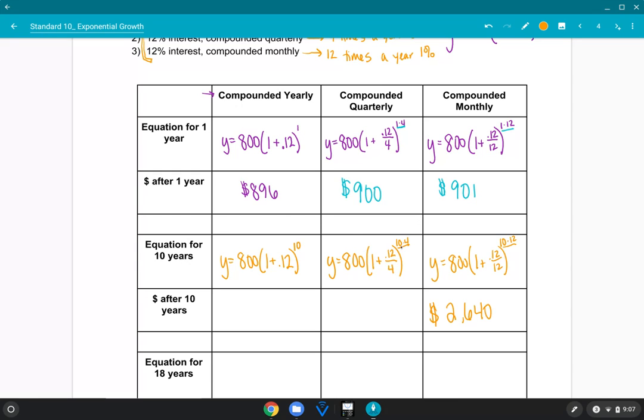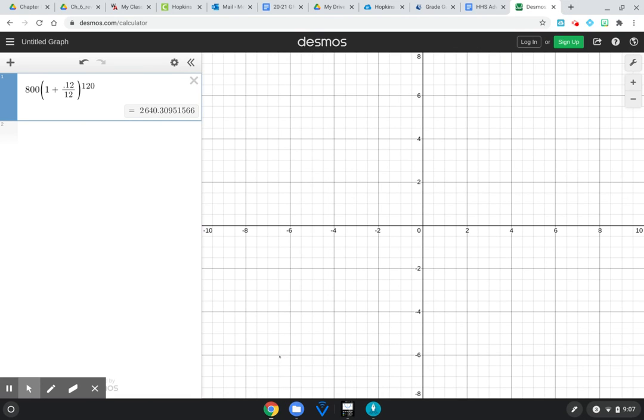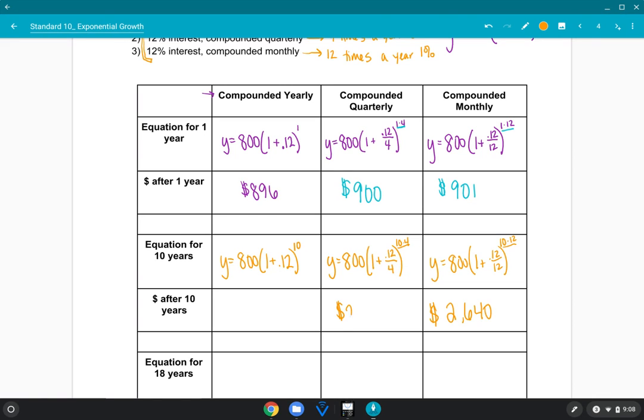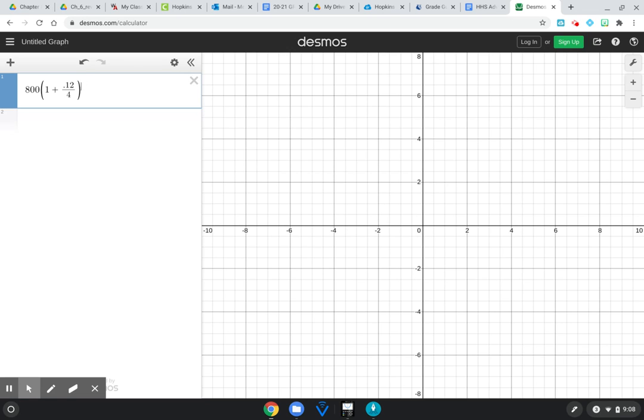So I'm going to divide by 4 and to the power of 40. $2,610, we'll call that. Let's see annually. If the interest compounds annually, we want to know 10 years, and we do not divide. Whoa, $2,485.